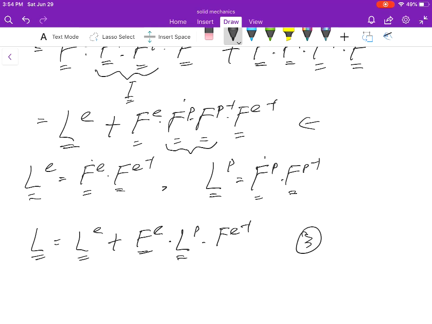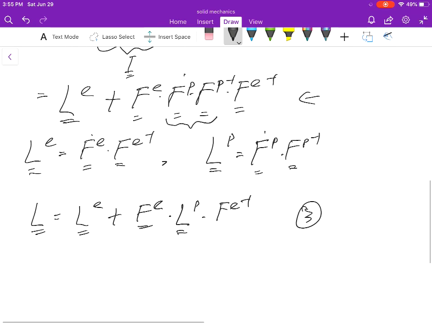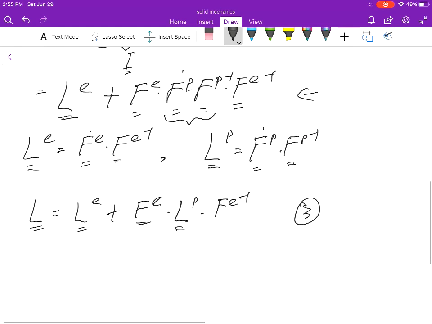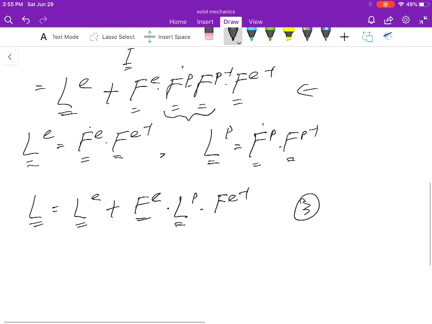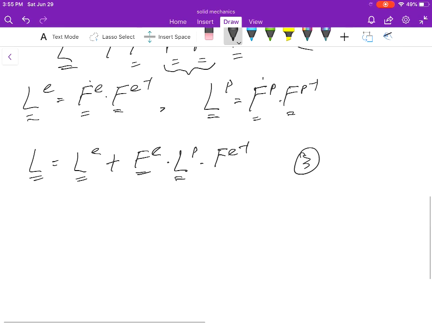And then we name them as equation 3. So far so good. Just let me know if you have any questions. Just leave it in the comment and I will address it later.